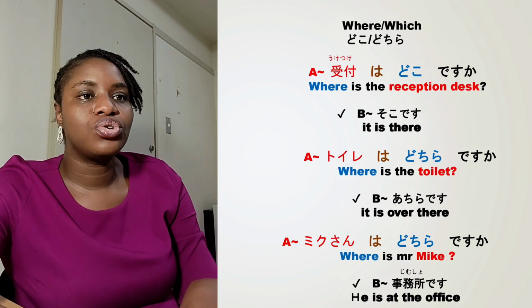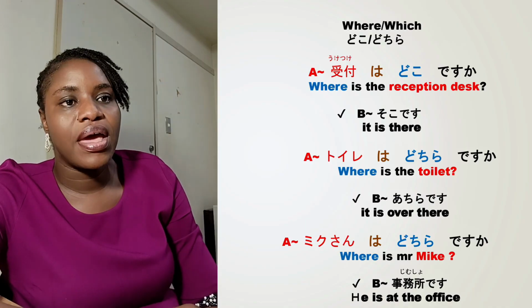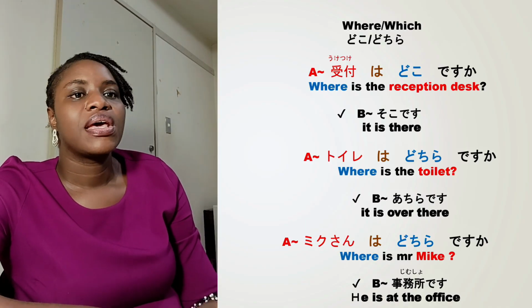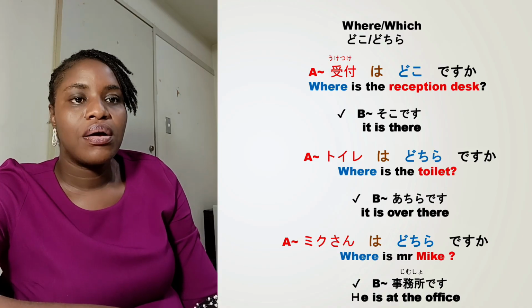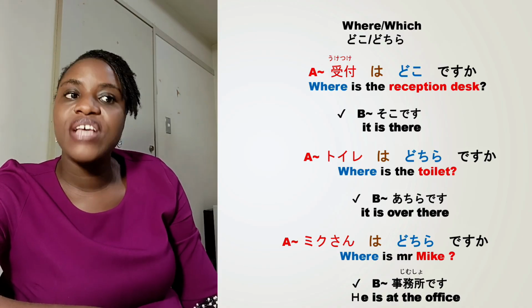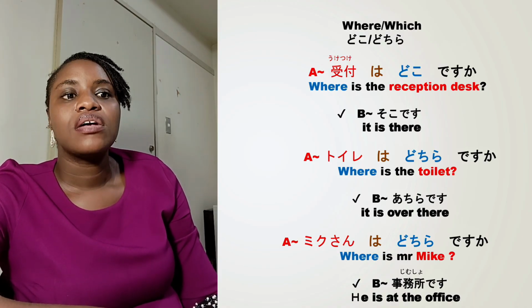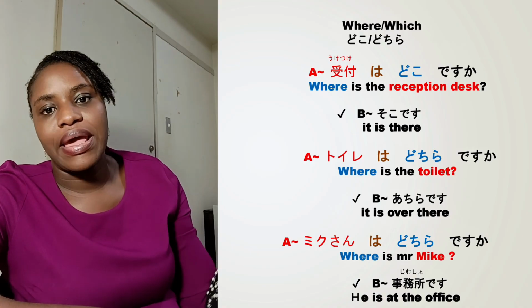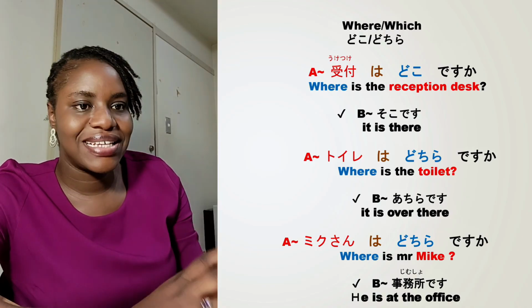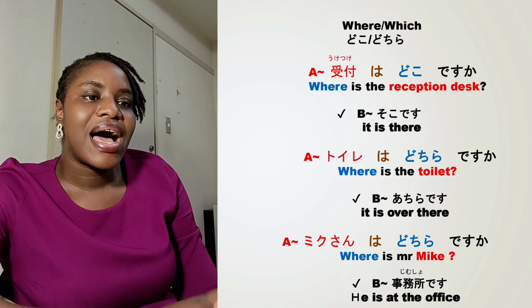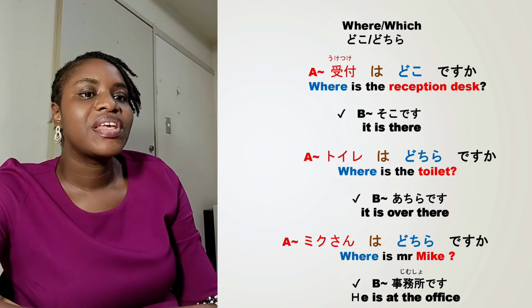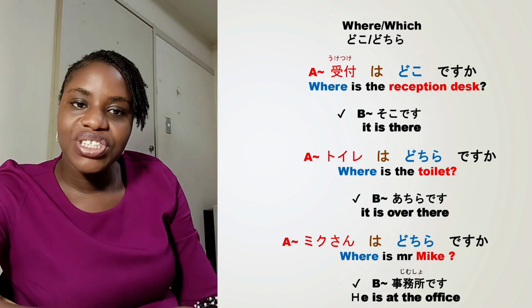Now, when we want to talk about doko and dochira, it's where or which. For example, uketsuke wa doko desu ka? Where is the reception desk? Soko desu. It is there, as simple as possible. Now, if I want to ask in a polite way, toire wa dochira desu ka?